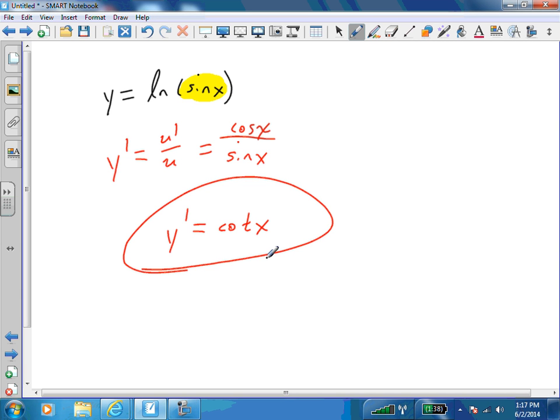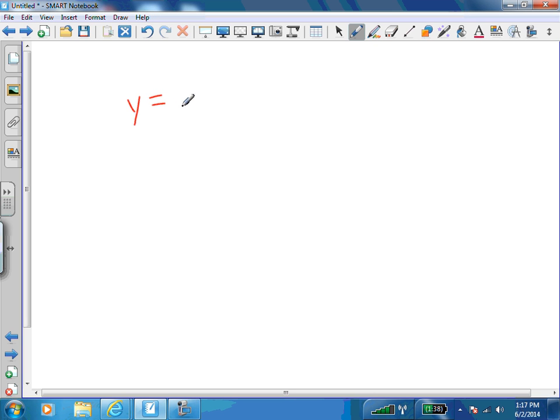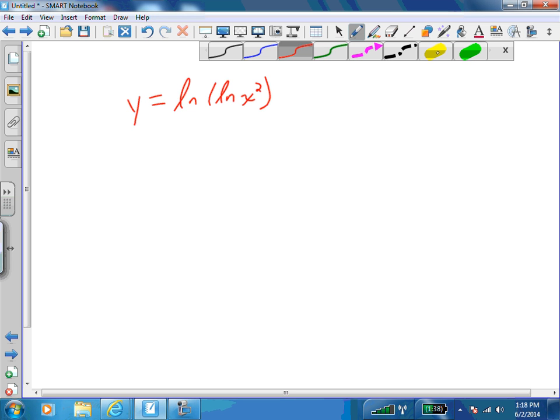See if we can find a good one. Ooh, I like this one. Depending on how you look at this, you can make this as easy as you want or as hard as you want.